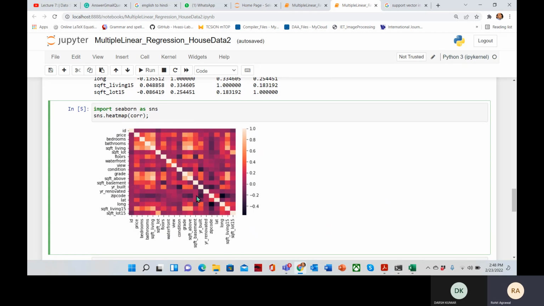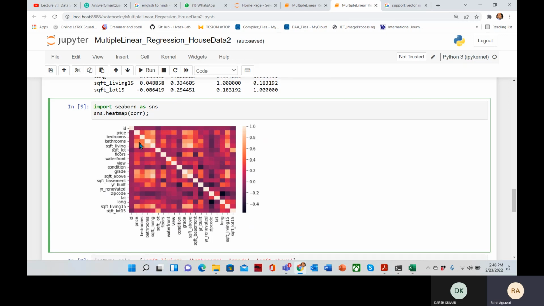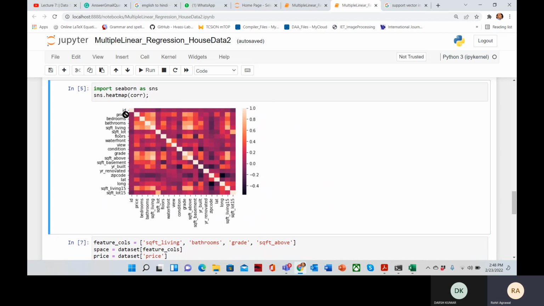Okay. So 1 means if they are highly correlated, it is a brighter color. So you can see ID and this ID, the brightest color. Price versus price. My cursor is visible. This price and this price. Okay. So all the diagonal values are brightest.